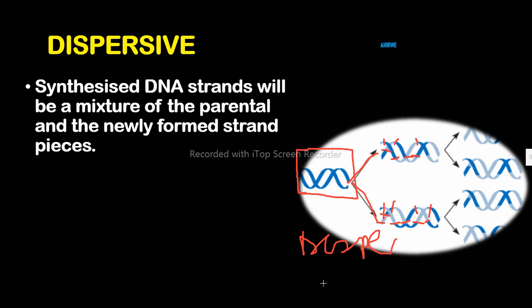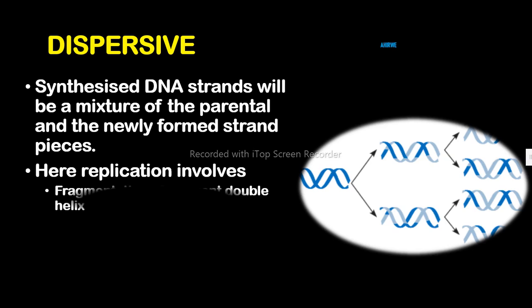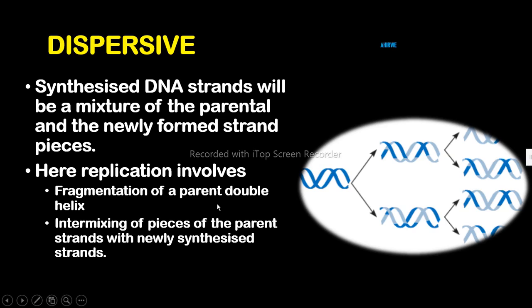Yes. So those are the three theories that try to explain the mechanism of DNA replication. How actually our DNA is going to be formed. So the dispersive replication involves fragmentation of the parent double helix, and then after fragmentation, you intermix the newly formed strands and the old strands of template DNA.